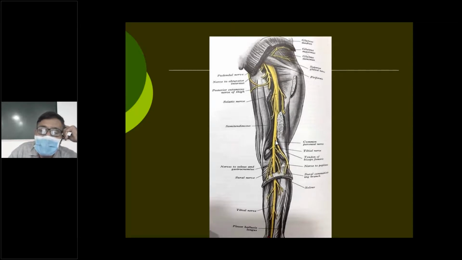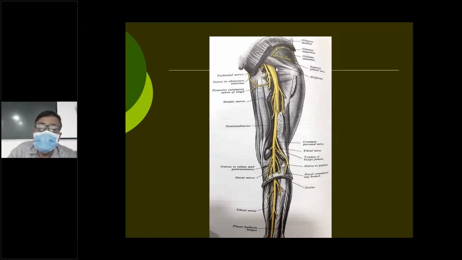And approximately at the junction of the middle one-third and lower one-third of the thigh, it terminates by dividing into what looks like the continuation, the bigger one, the tibial nerve. And then what passes inferolaterally is the common peroneal. So common peroneal and tibial are the terminal branches of the sciatic nerve.